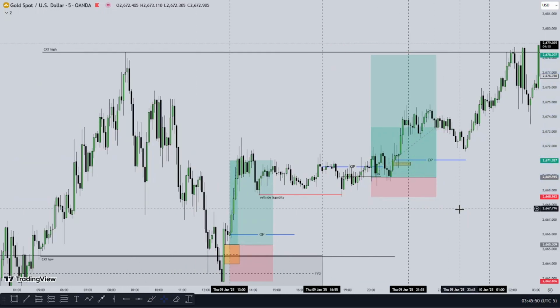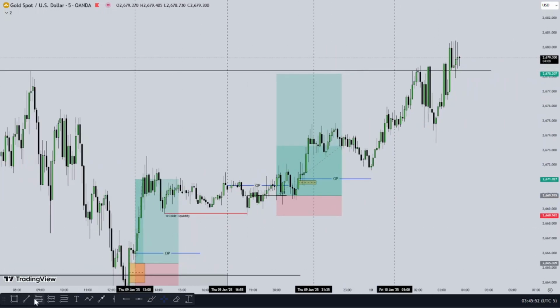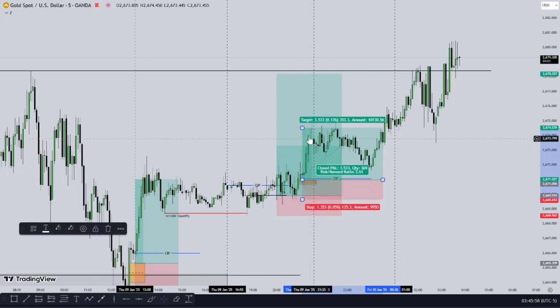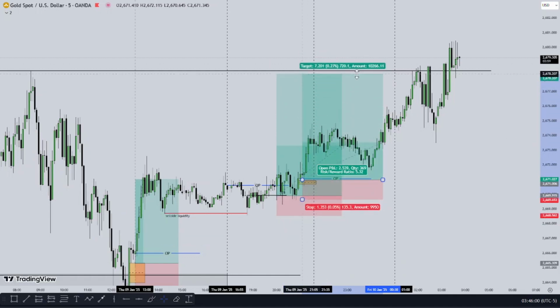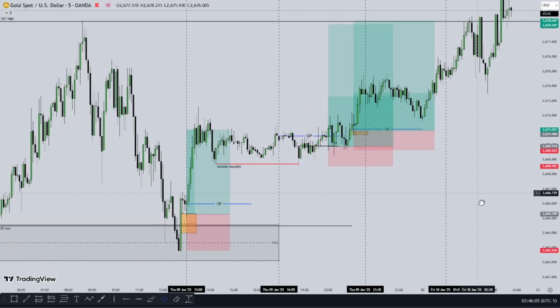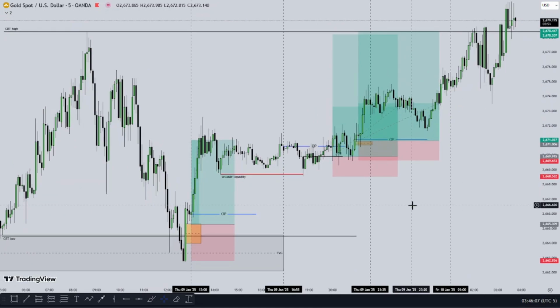The 6-hour trade. And the last trade, looking for price to trade to the CRT high. And this is a 5.5-hour trade.